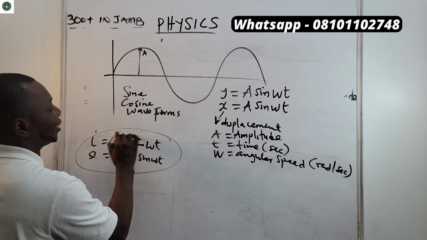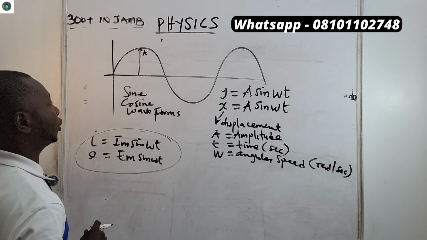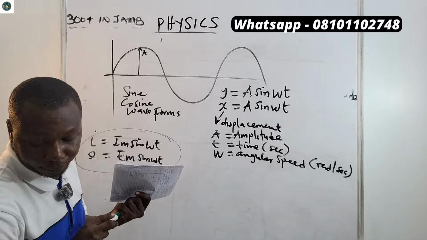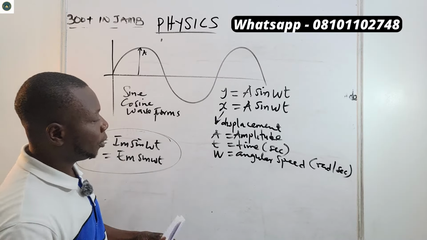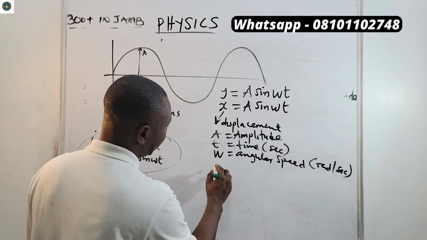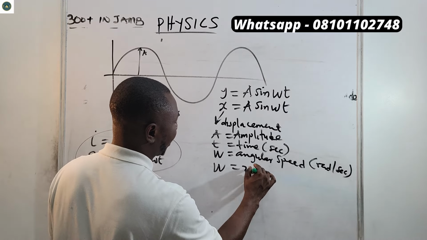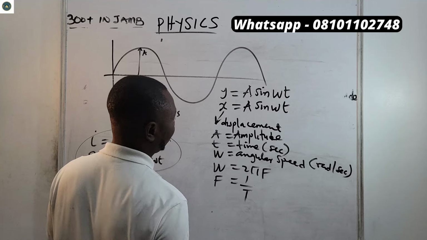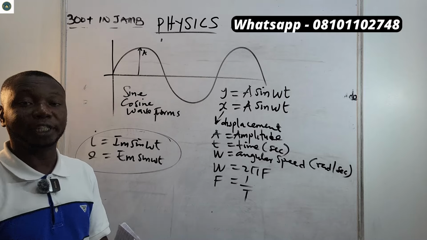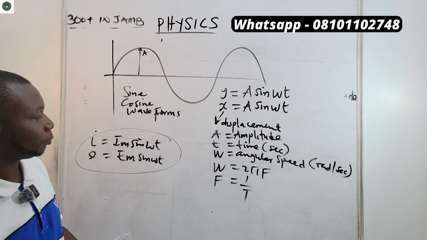So they also have practical application in electricity. Now, there's also a relationship between period and omega: omega is 2 pi f, and frequency is 1 over T.